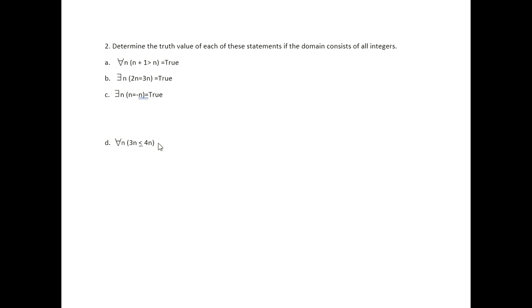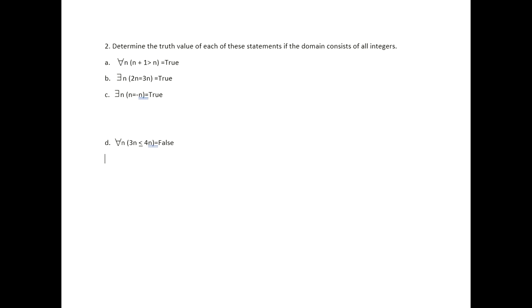So, for letter D, the universal quantification of 3n is less than or equal to 4n. The answer is false, that is its truth value.